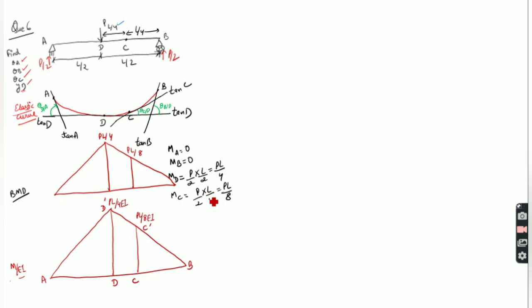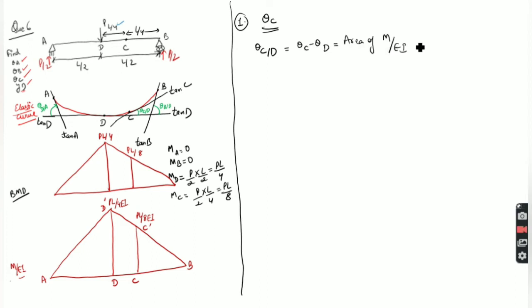Now we will start with the calculations. So first I am calculating theta at C. I have already explained to you that for calculating theta at C, I will obviously use theorem 1, and theorem 1 says that this angle will be theta C minus theta D, which will be the area of M by EI diagram between C and D, right?